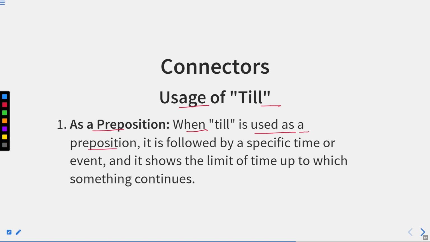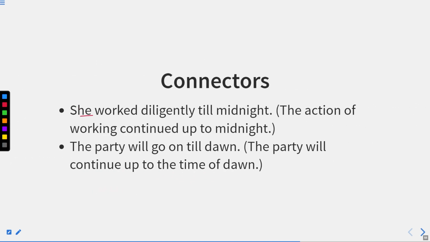When till is used as a preposition, it is followed by a specific time or event, and it shows the limit of time up to which something continues. She worked diligently till midnight. It means after midnight she stopped working. The action of working continued up to midnight. The party will go on till dawn. The party will continue up to the time of dawn.